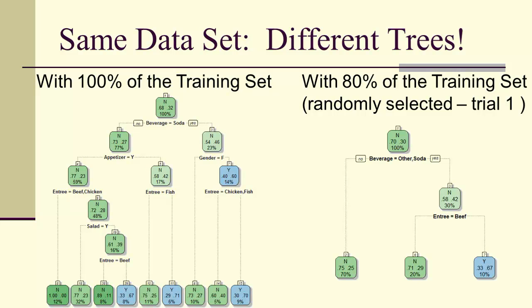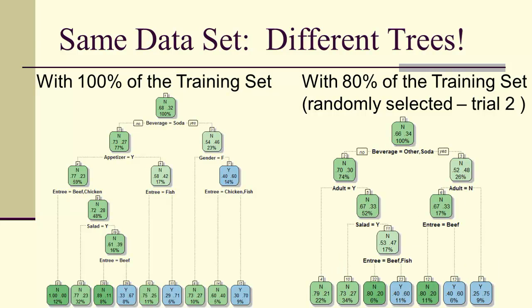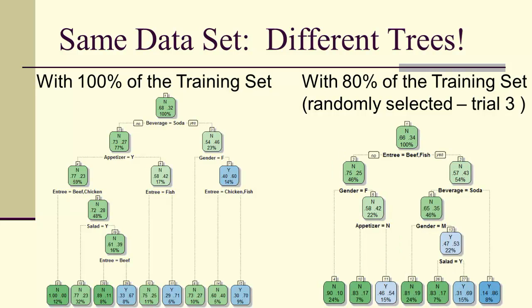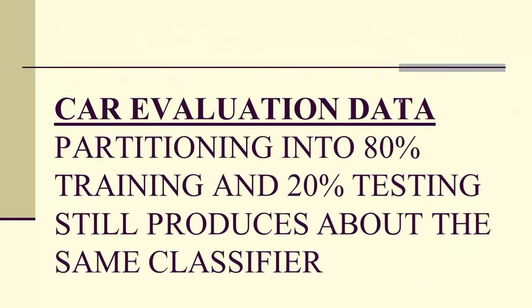And notice I'm using the new rattle way of drawing decision trees to better illustrate what's going on here. Let's suppose we randomly selected another 80% from the training set. Then with 100% of the data, we have that. And now we have, with a different random selection of 80% to be the training set, an entirely different decision tree. And we do it again, yet another kind of decision tree.